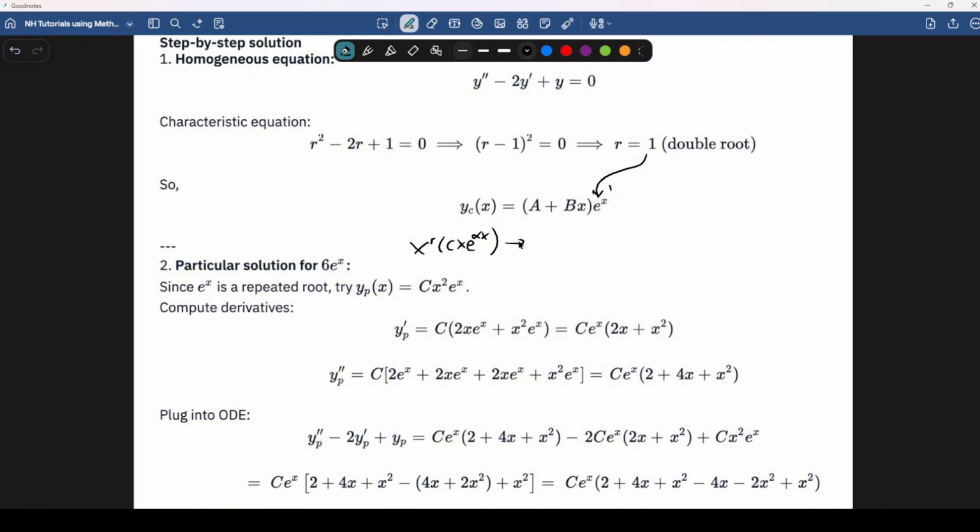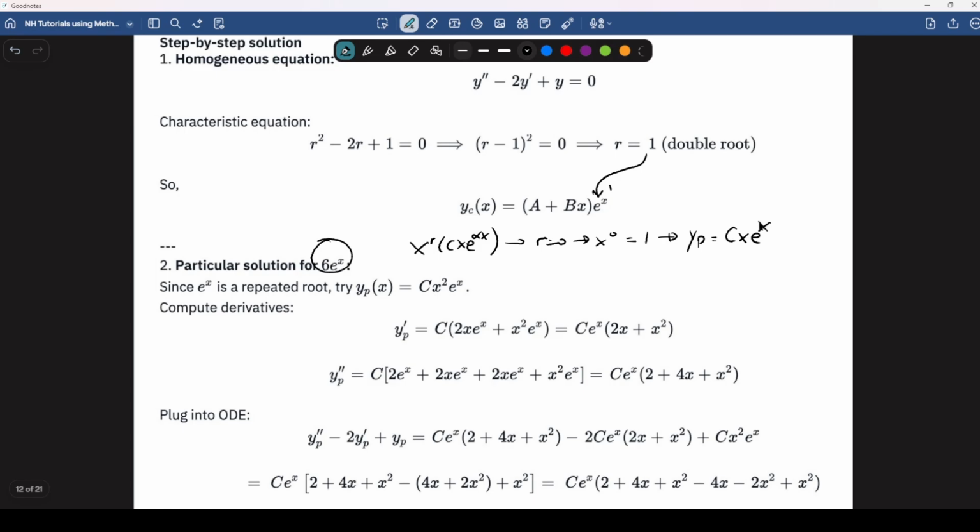We start from r equals 0, that gives x to the power of 0 equals 1. So that gives yp equals c times e to the power of alpha x. We already know it must be the same as the non-homogeneous part, also e to the power of x. We just have to find what c is.